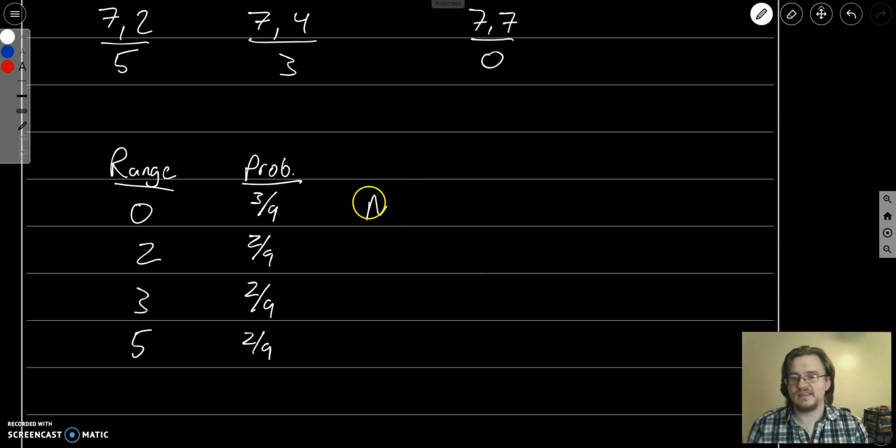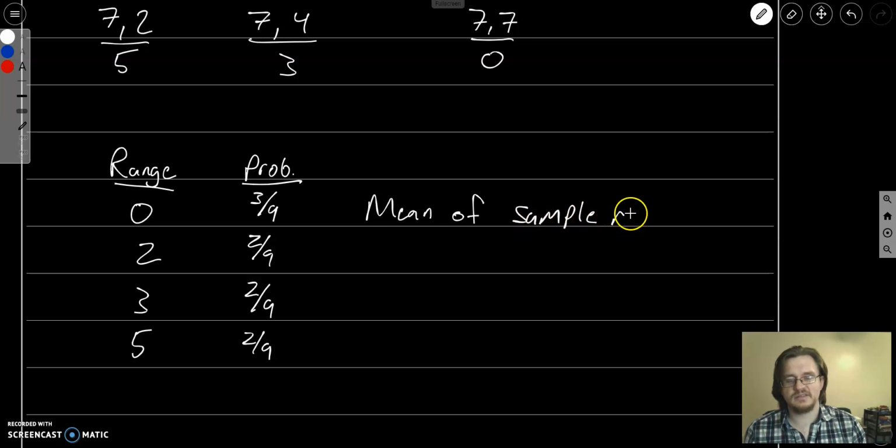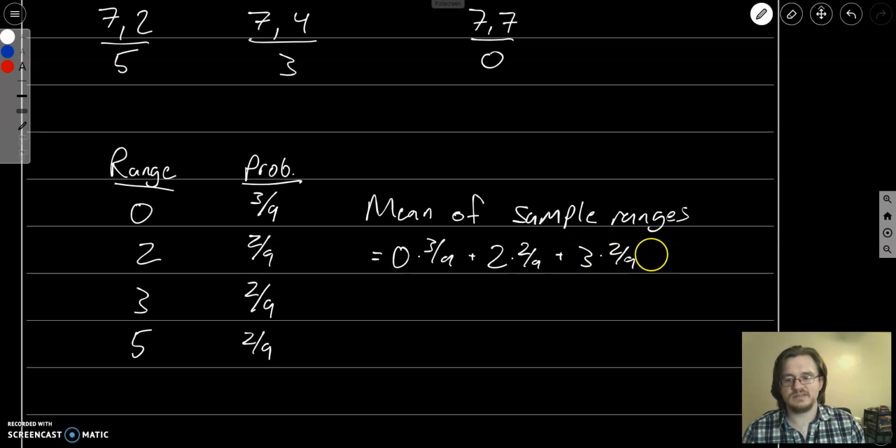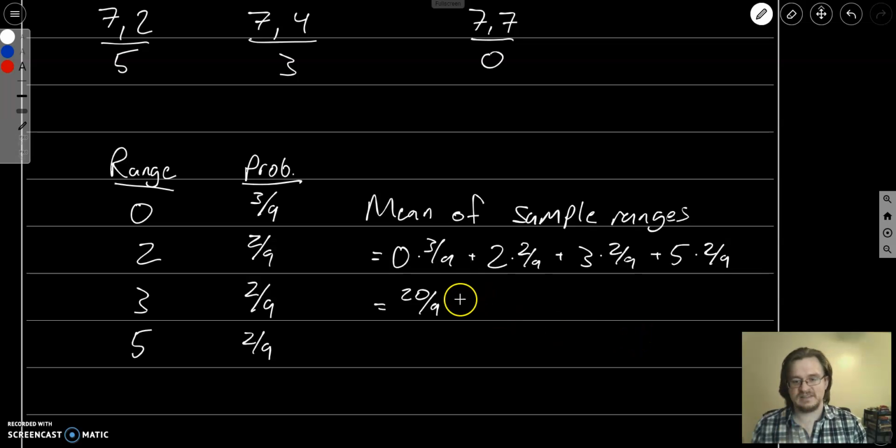So again, the mean of all the sample ranges is going to be 0 times 3 ninths plus 2 times 2 ninths plus 3 times 2 ninths plus 5 times 2 ninths. And if we add this all up, this is 4 ninths, 6 ninths, and 10 ninths. So that's going to be 20 ninths, which is the same thing as 2 and 2 ninths.